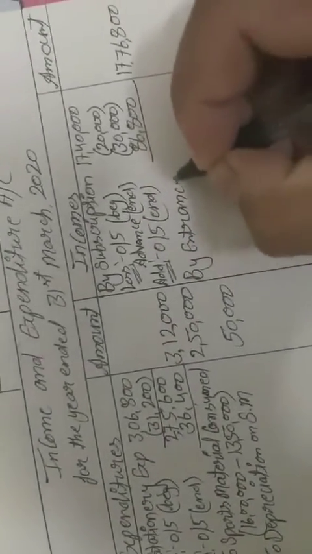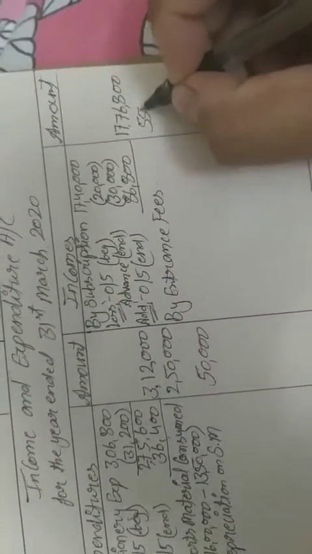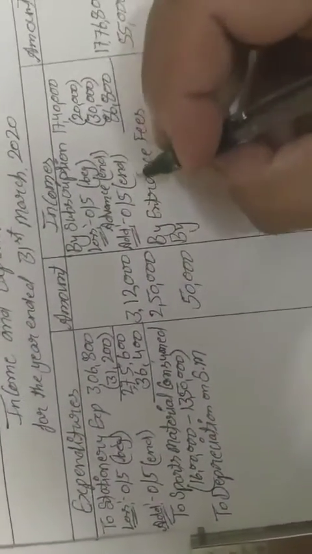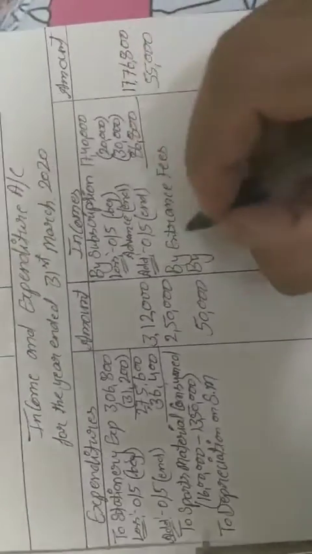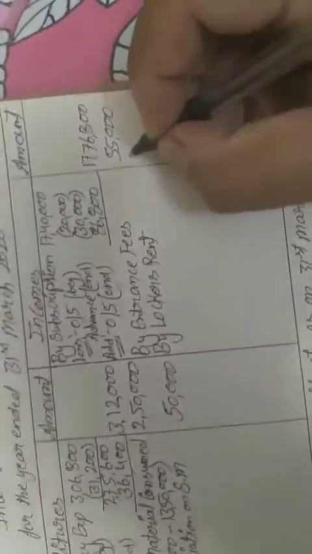The next, entrance fees, is income, so it will transfer to the income side of the income and expenditure account: entrance fees 55,000 rupees. Subscriptions we have done. Next, locker rent is of revenue nature, so it will transfer to the income and expenditure account: by locker rent, 50,000 rupees.